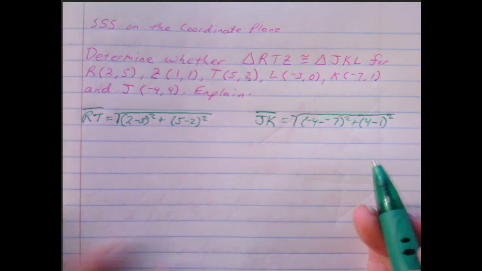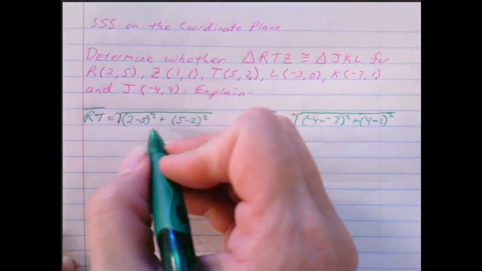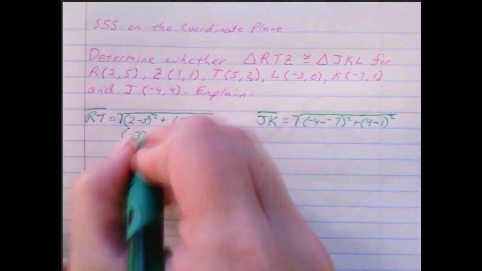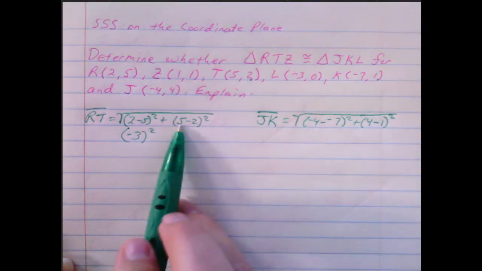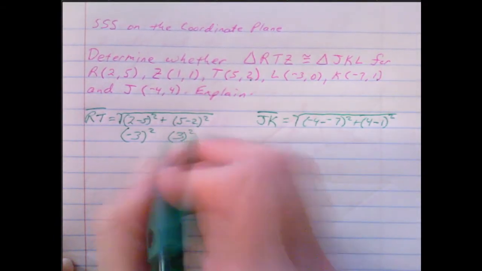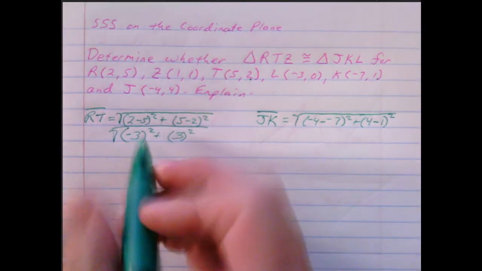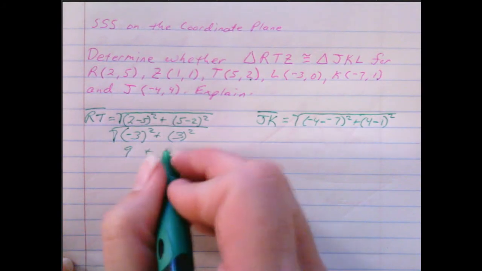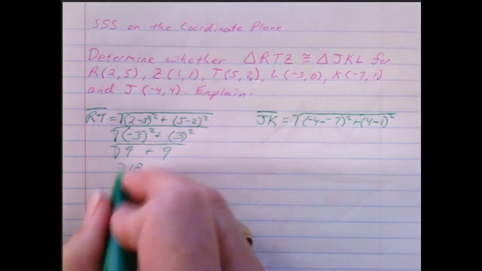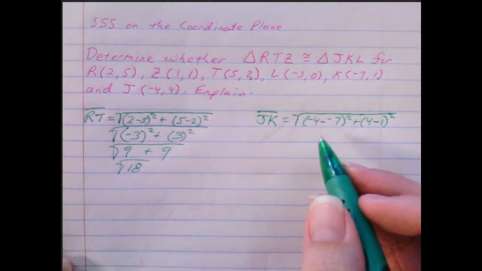Okay, so now I'm going to go ahead and find the length of those pieces using this formula. So 2 minus 5, we get a negative 3 squared. 5 minus 2, we end up with 3 squared. Square root over that. A negative 3 squared is 9, plus 3 squared is 9. So we have the square root of 18. Same thing for JK.